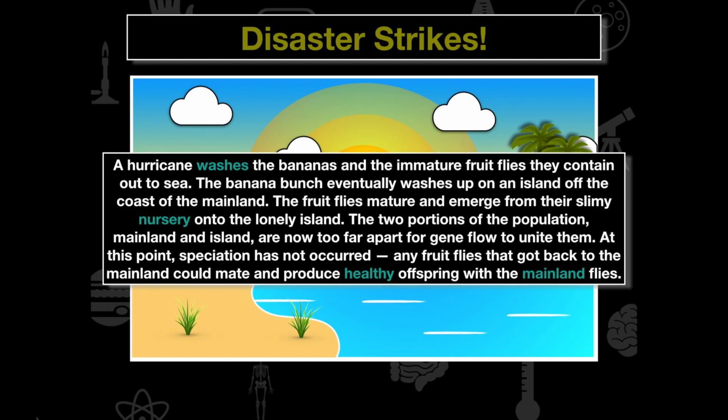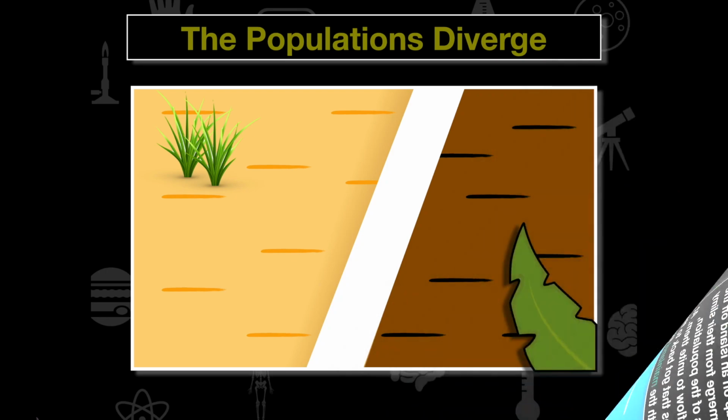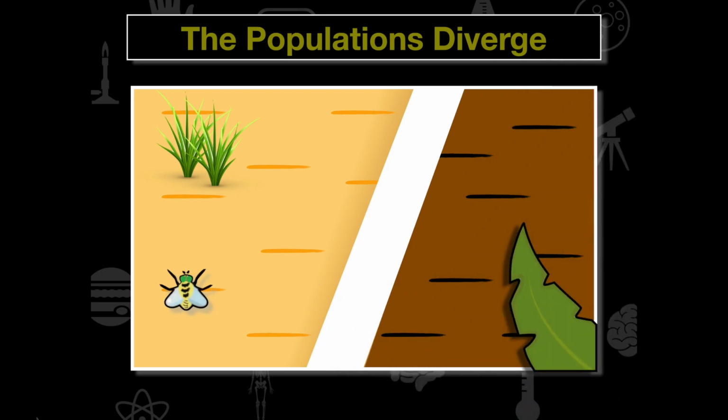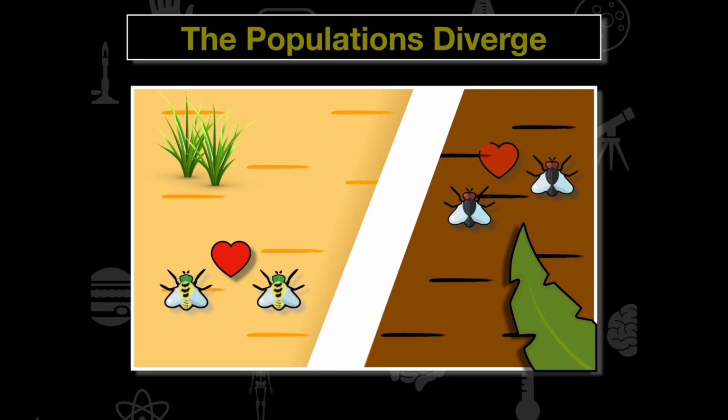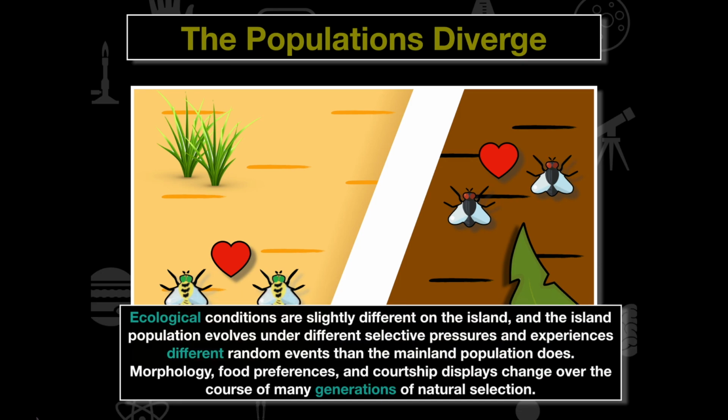Any of the fruit flies that got back to the mainland in some possible way could mate and produce healthy offspring with the mainland flies. Now, over time, what we're going to see is this population divergence as these organisms mate and evolve in their very specific environments. And over time, we're going to see a physiological and morphological change in these two organisms.